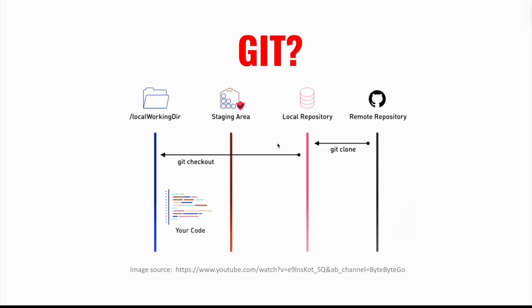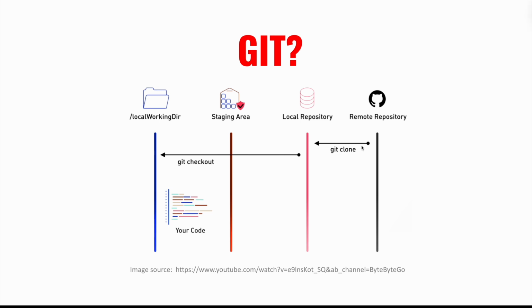And then let's say you do a git checkout, that local repository pops up and opens your files, and that space you can call your local working directory, which you open in your text editor or any of the IDEs.